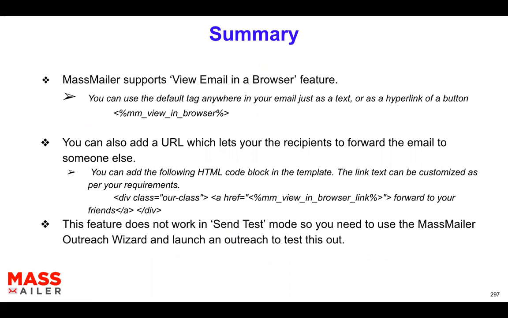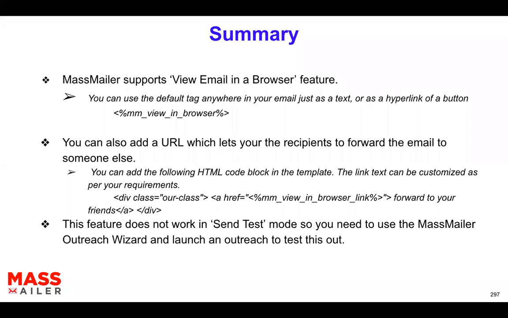So there's a special tag, as you can see, in the very first item that I mentioned. MassMailer does support a view email in a browser feature, okay? But it will have its own default text, exactly the same as view email in a browser, right?